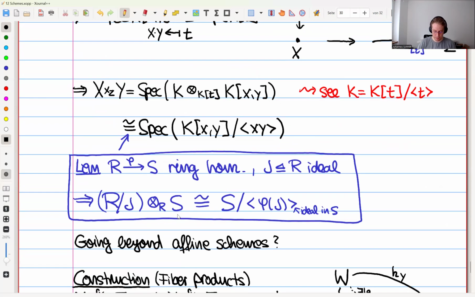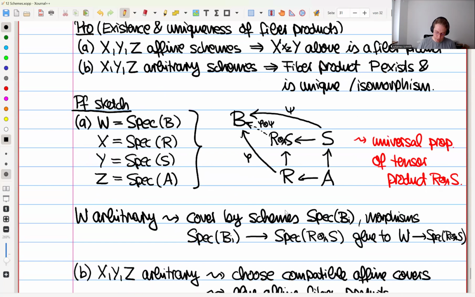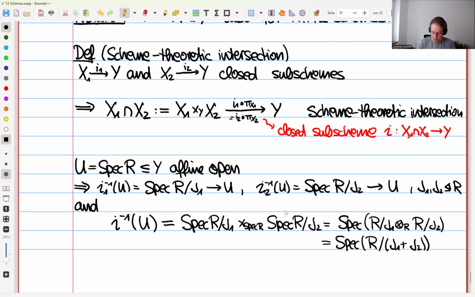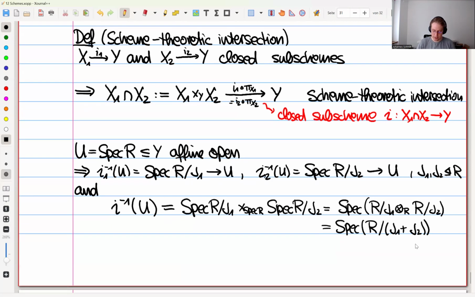And this is what you need to quotient out by. And if you apply this here, then you see this tensor product is exactly the same as taking R modulo J2, and then additionally modding out the image of J1. And that's exactly the same thing as taking just the sum of these ideals and modding this out. So this is Spec R modulo J1 plus J2.